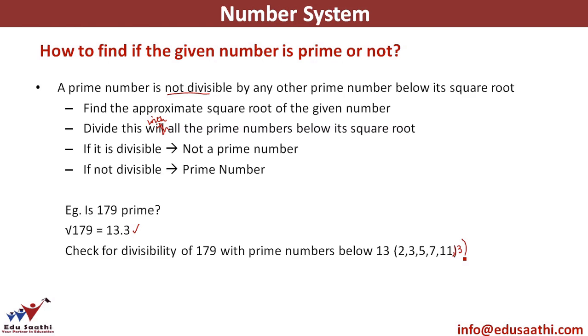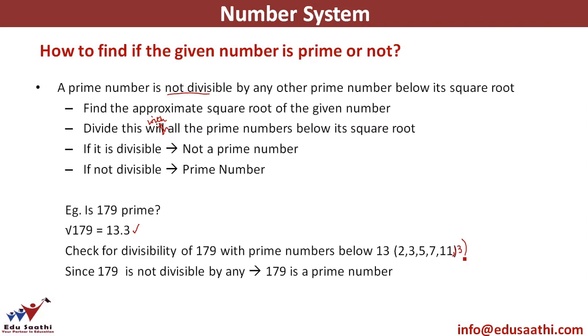So if I check the divisibility of 179 with 2, it is not divisible. With 3, again not divisible. With 5, not divisible. I will just check with 7, 11 and 13. If it is not divisible by any, it is a prime number. I will not go on checking till 179 with all the prime numbers.